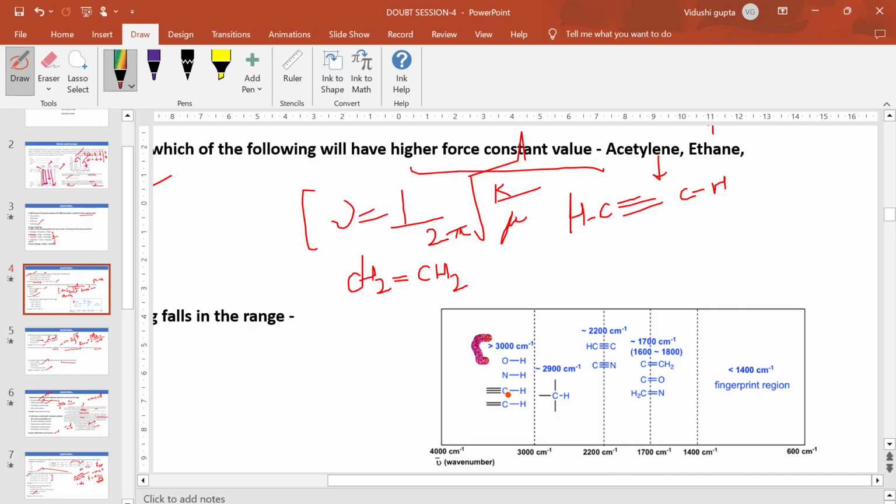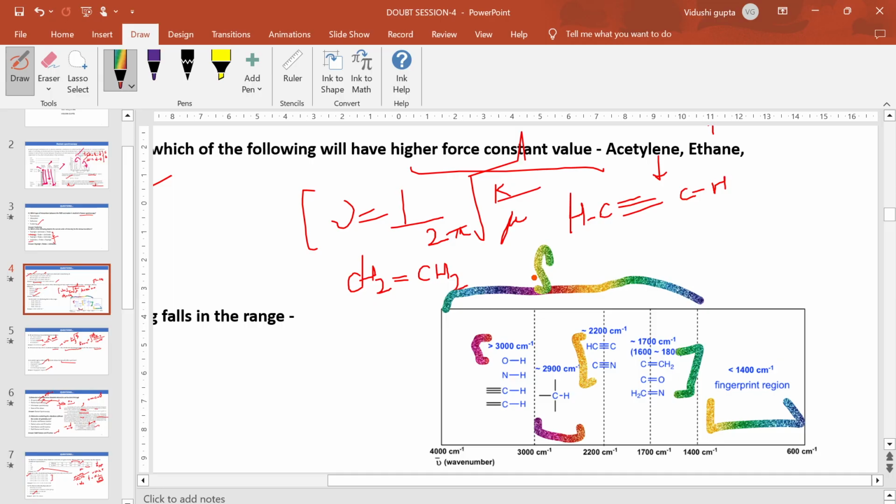That means sp3 hybridized CH, sp2 hybridized CH. Then CH is at 2900, C triple bond C stretching, and nitriles at 2200. Carbonyl we already know, 1700, and 1400 is your fingerprint region. And this is your functional group region.